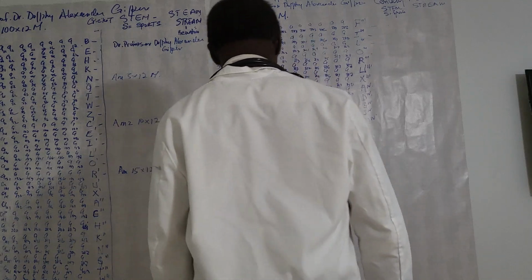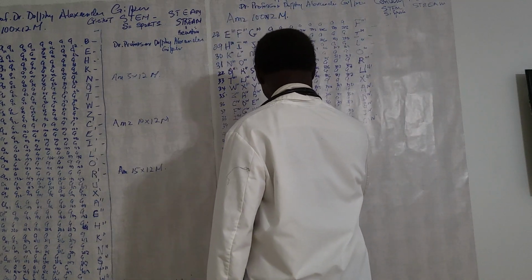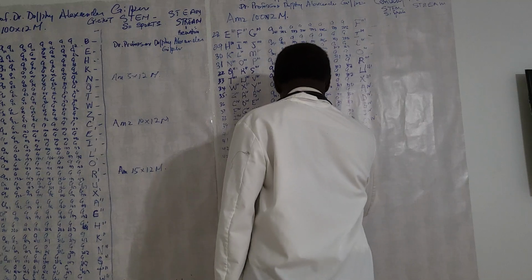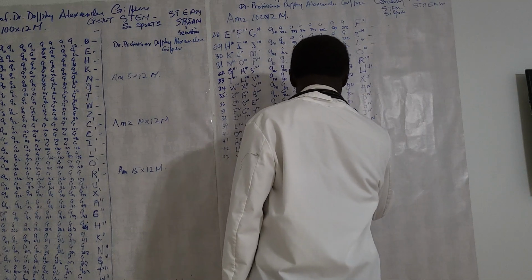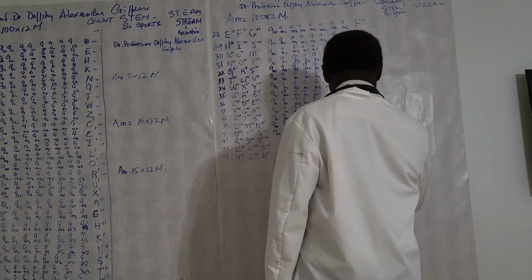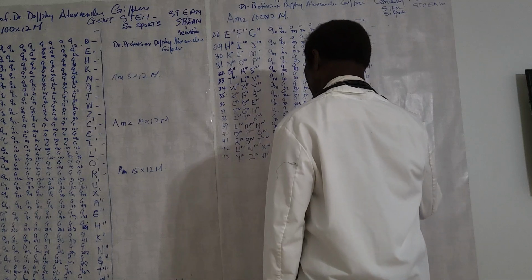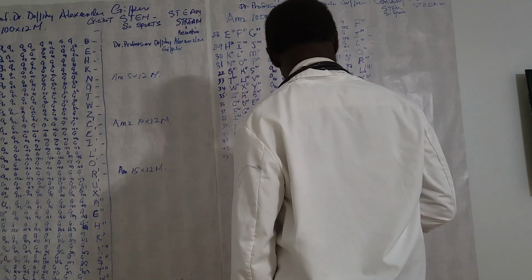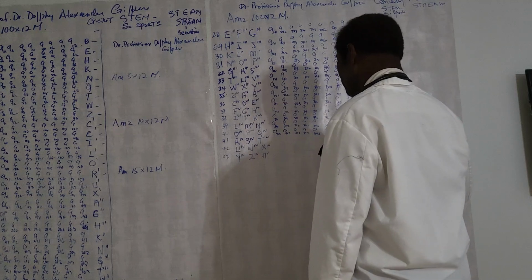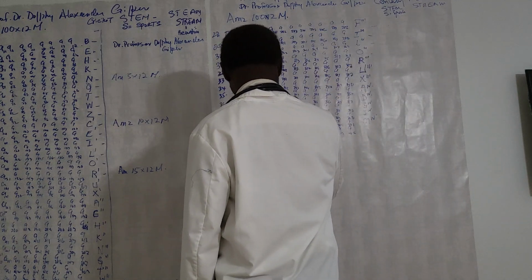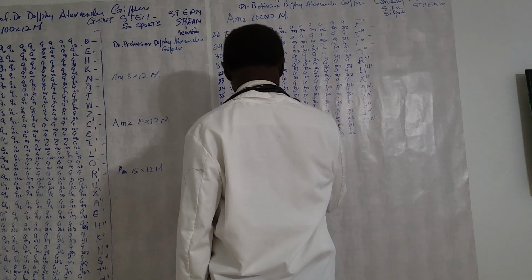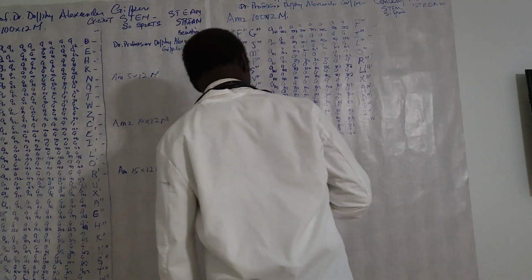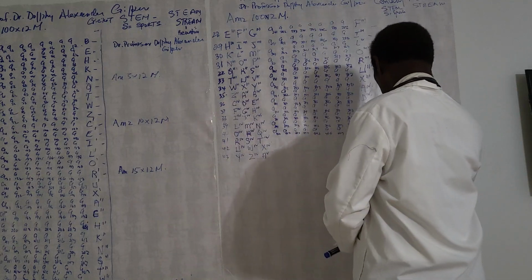So here we go now: A41, A42, A43, A44, A45, A46, A47, A48. Over here would be P IV.